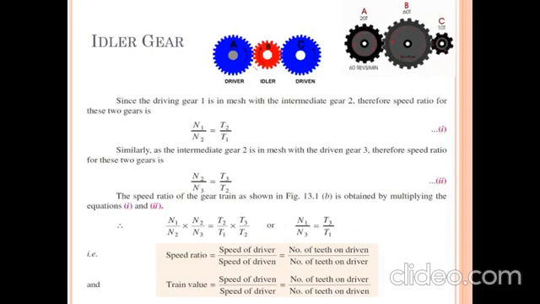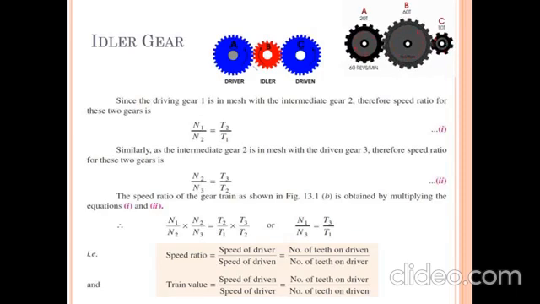But this has the disadvantage that two larger sized gears are used, which may consume a larger area. Because of that, we can use the second method, that is by providing one or more intermediate gears, and these intermediate gears are called idler gears.